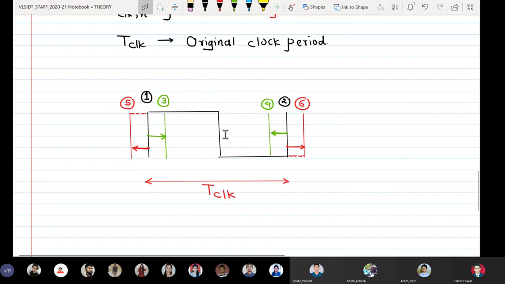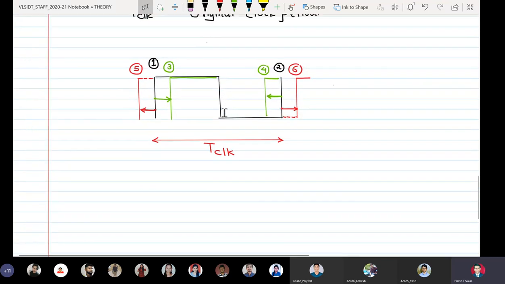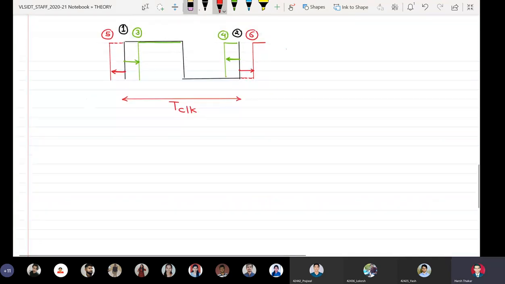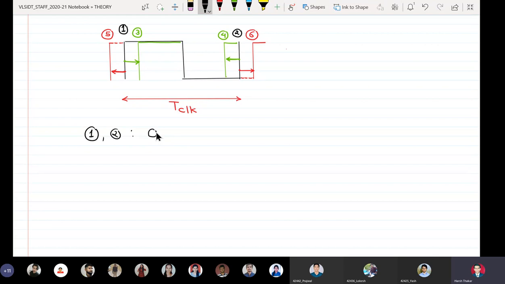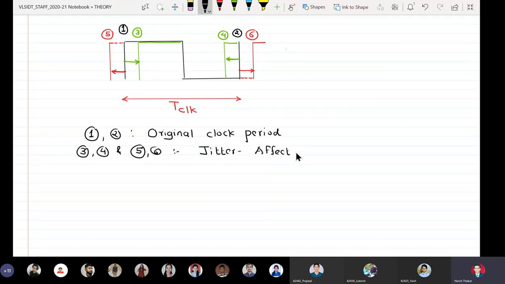So we will write everything. Original clock period. 3, 4 and 5, 6 jitter affected edges.